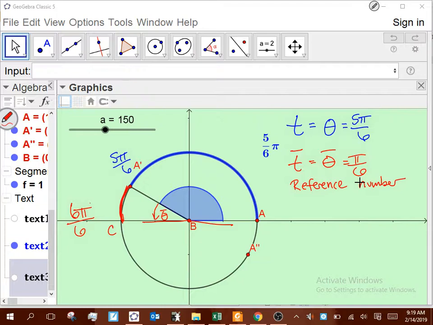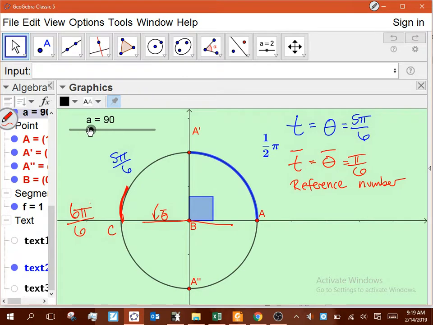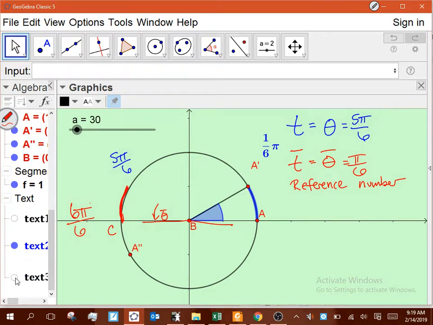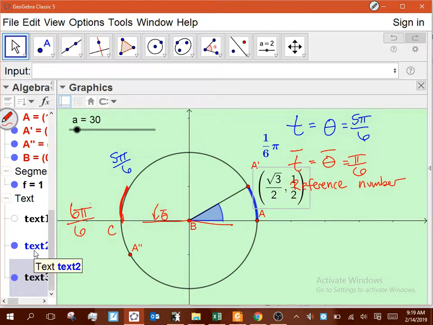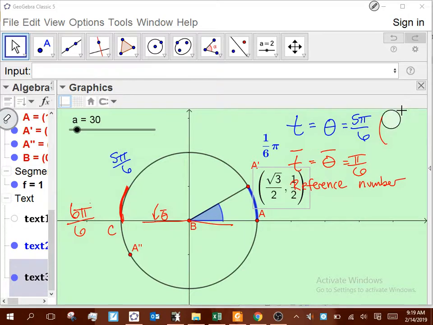Pi over 6 had a terminal point of radical 3 over 2, comma 1/2. So 5 pi over 6 is going to have the exact same ordered pair. The 5 pi over 6 terminal point is radical 3 over 2, comma 1/2.